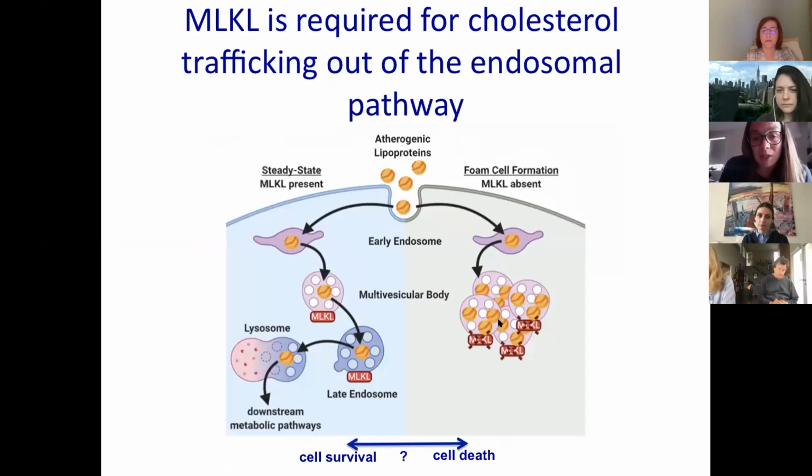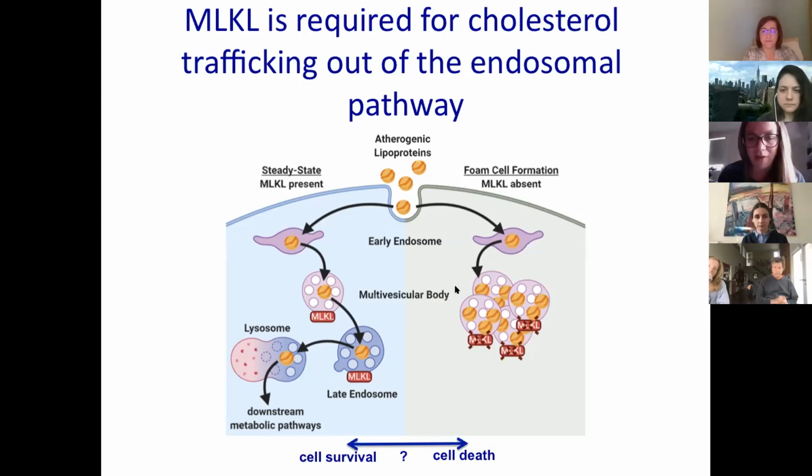So it means really that MLKL is this cell death protein that is constantly trying to maneuver the cell between cell survival and cell death. Under normal steady state circumstances, we think that MLKL enables the proper trafficking of the multivesicular body to the lysosome, and then of course all of the downstream pathways that occur.